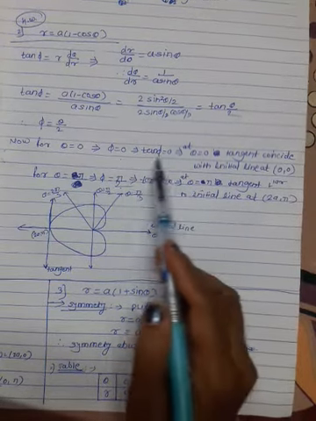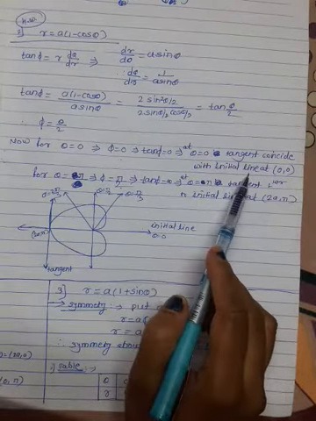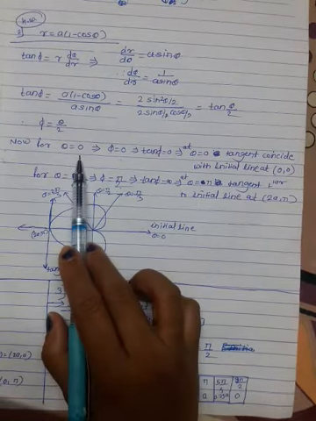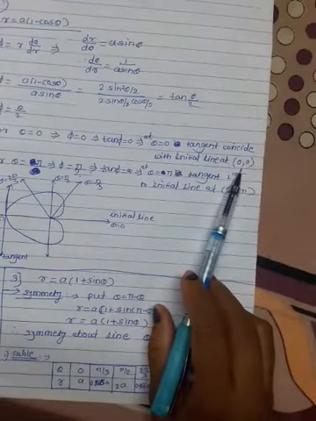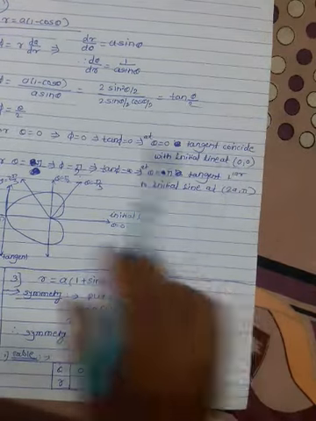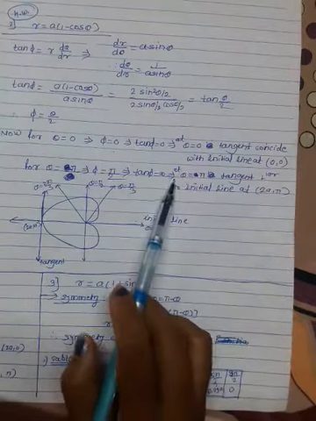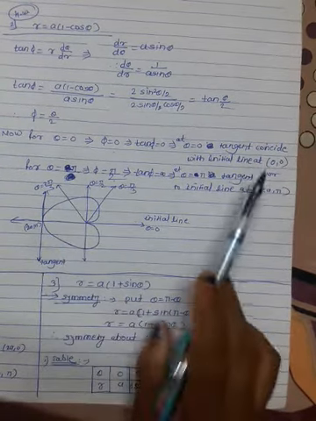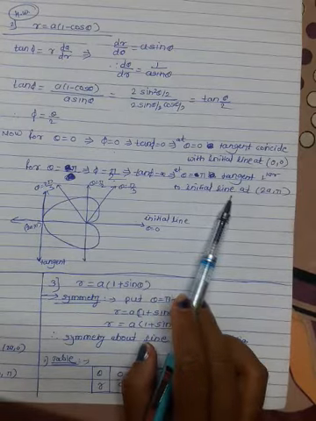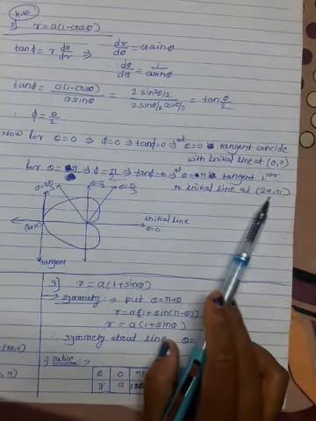That's why for theta is equal to 0 the tangent coincides with the initial line at this point, where r is equal to 0. And in the table, you have to draw the table for this example. At theta is equal to pi, the tangent is perpendicular to the initial line. When theta is pi, in the table r is 2a at this point.